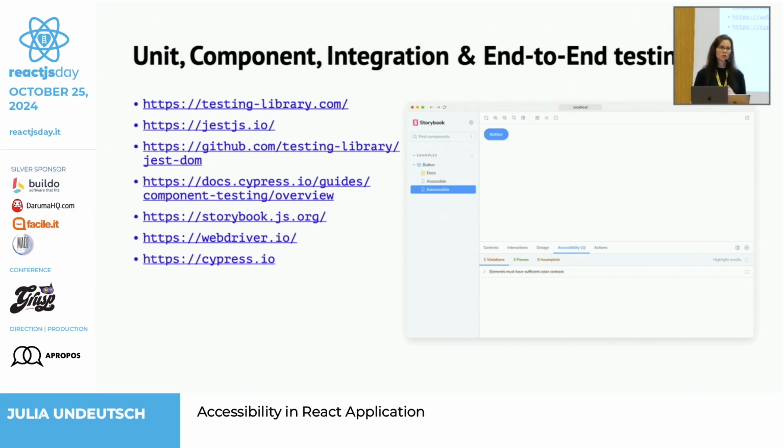Because one of the misconceptions is that your component is accessible and you're happy about it, but this does not mean that the page is still accessible when you combine different components on one site. And Storybook can help you show immediately if you can use a component in a specific order and if it would break your page or not.